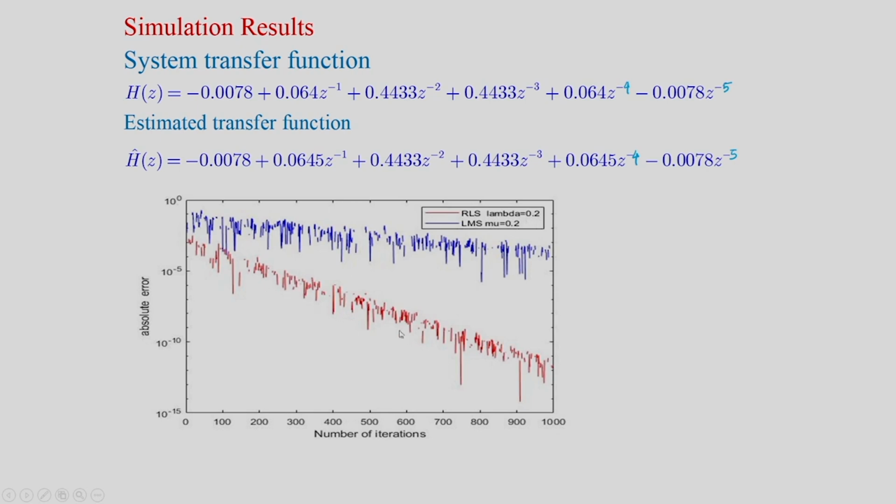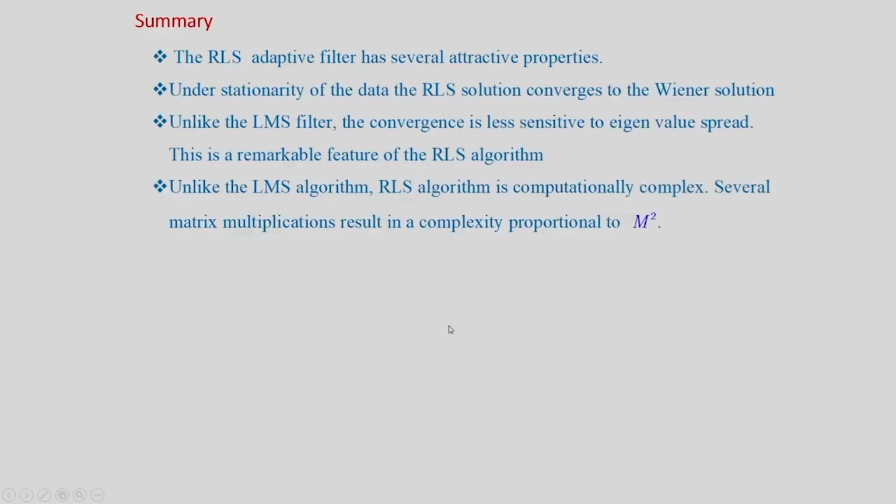So this is RLS. We see that this error is decreasing gradually at a very fast rate. This is one important observation in the case of the RLS filter.